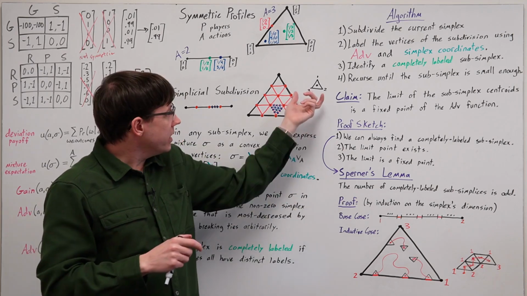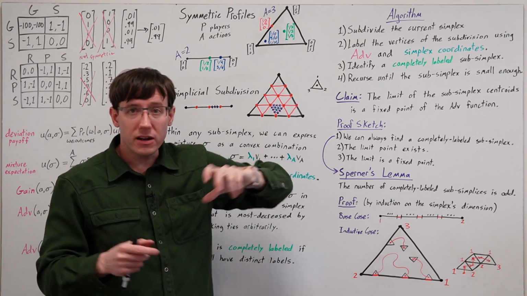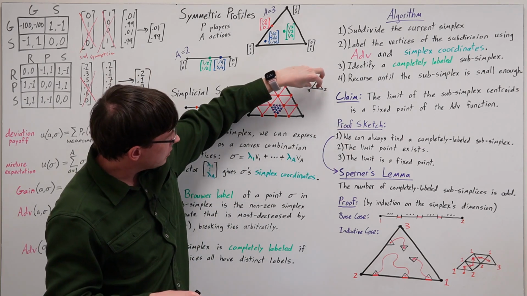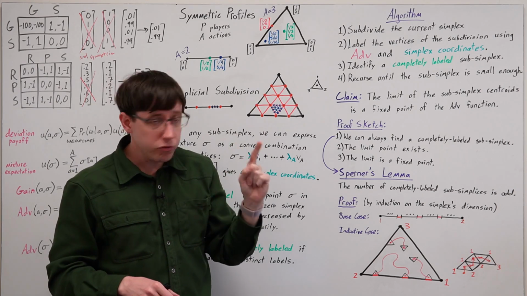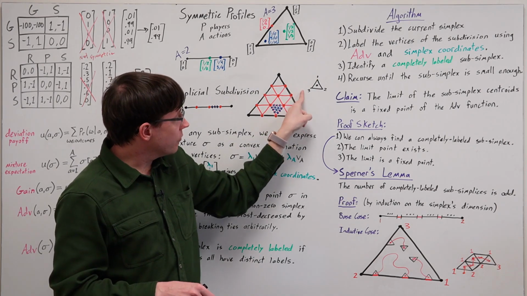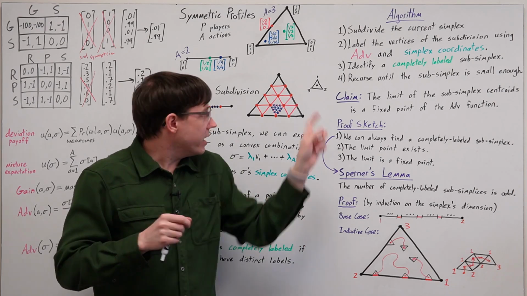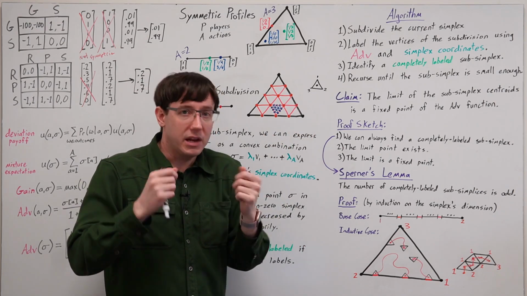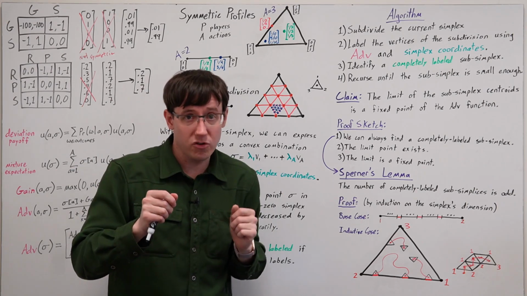Because of continuity, there can't be any big jumps in the function, and so as this simplex closes in on its limit point, if it's always true that the vertices have different labels, then we know that close around this limit point, the advantage function is causing the greatest decreases in different dimensions.